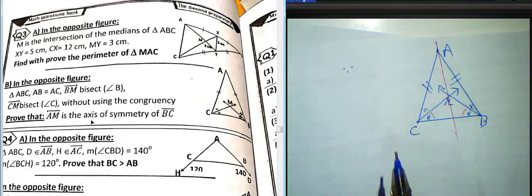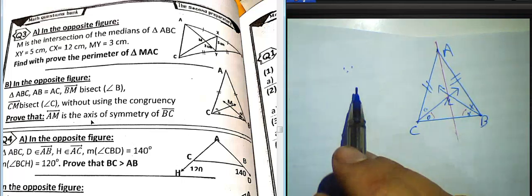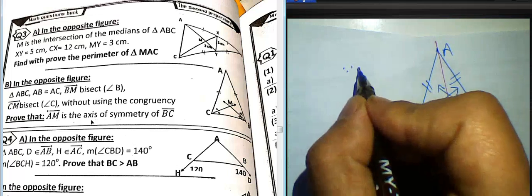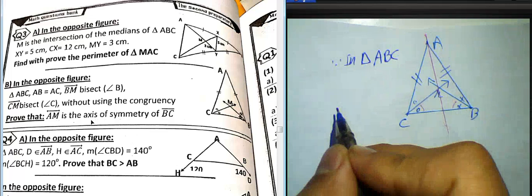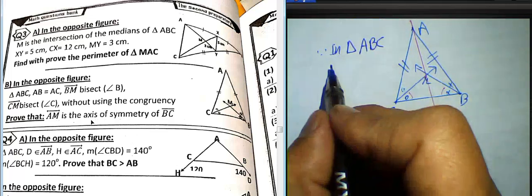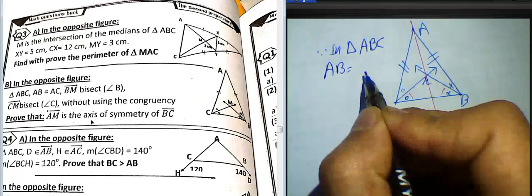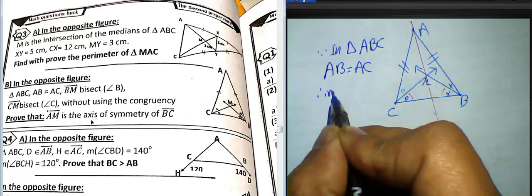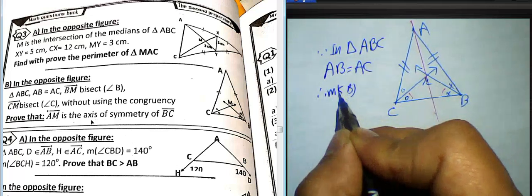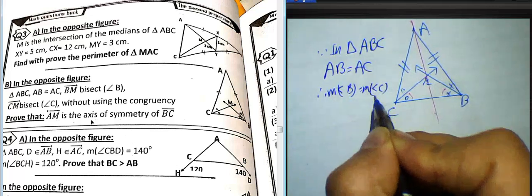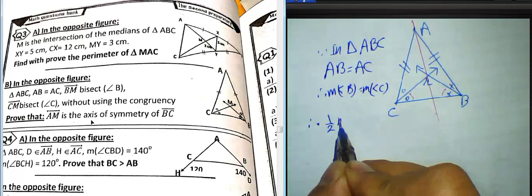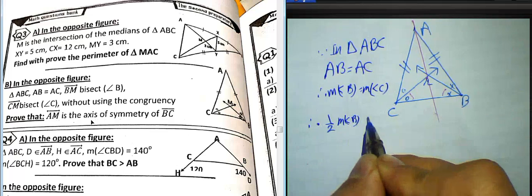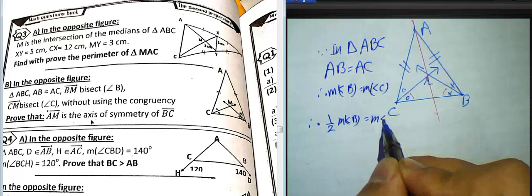We must write first: in triangle ABC, we have AB equals AC. Then the measure of angle B equals the measure of angle C, and then we can divide by 2. Then half of the measure of angle B equals half of the measure of angle C.